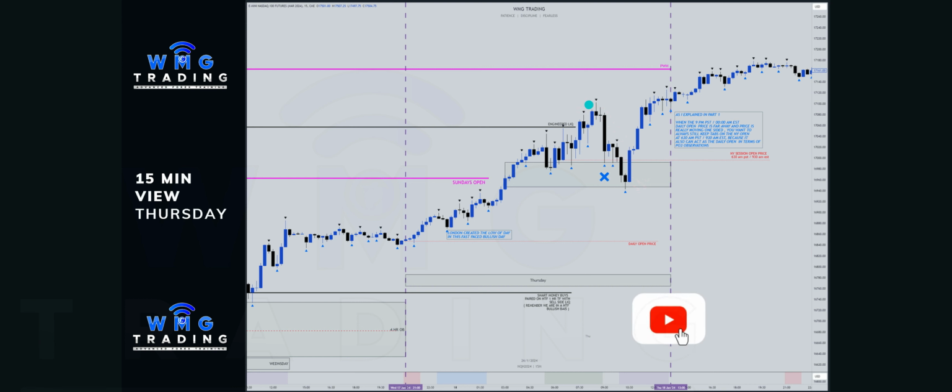This high is a premium array. This fair value gap is a premium array. This high is a premium array. Okay, if you go from high to low, you could see the premium and discount. From this low to that high, you could see equilibrium was somewhere around here. So it drove itself into a discount and then price rallied up.